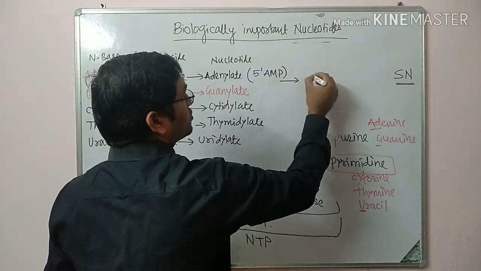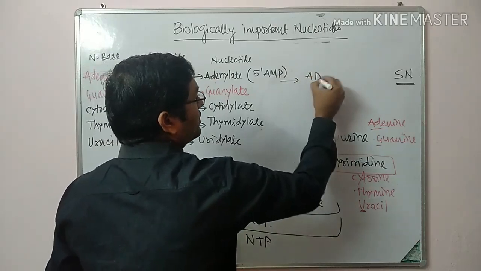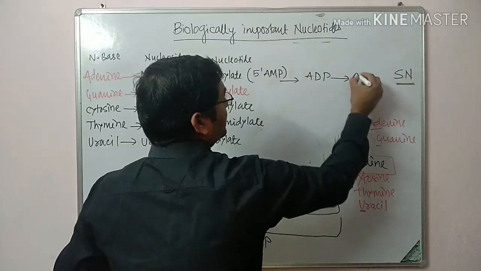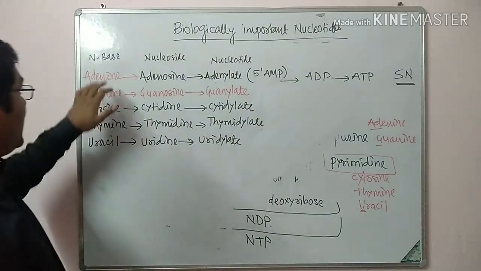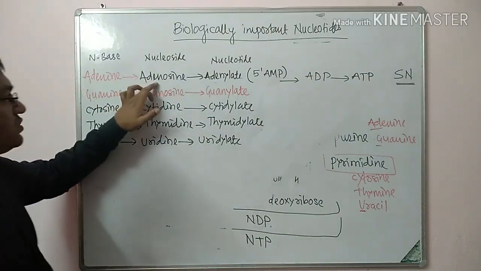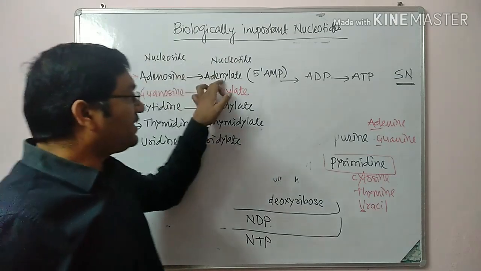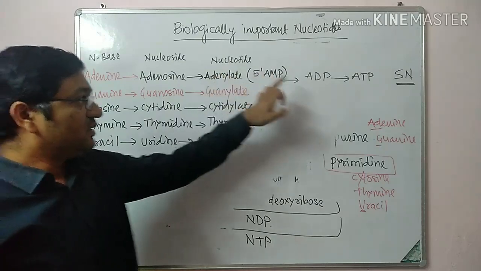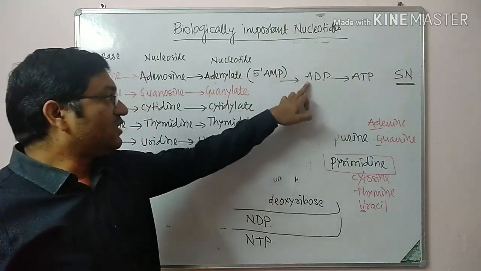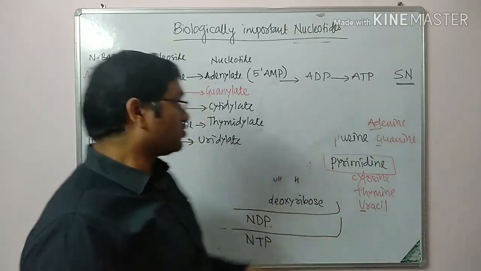When it is diphosphate, it is ADP, and when it is triphosphate, it is ATP. Adenine is the nitrogen base, adenosine is the nucleoside, adenylate or 5' adenosine monophosphate is a nucleotide. Then adenosine diphosphate, adenosine triphosphate.